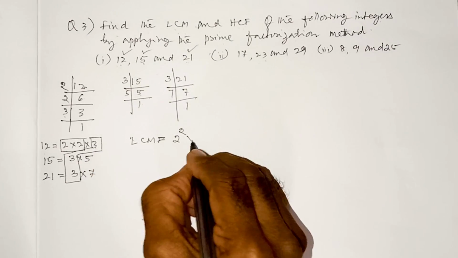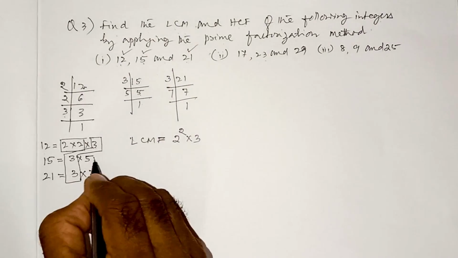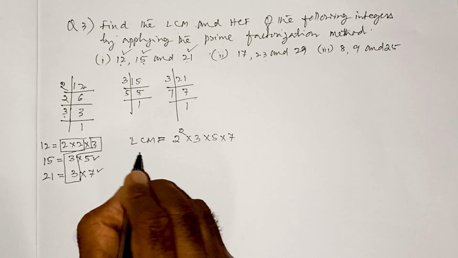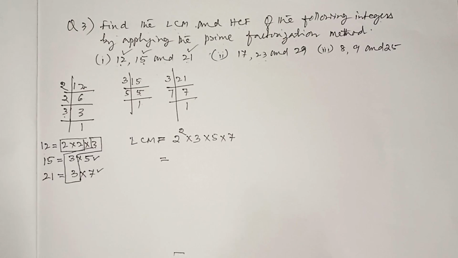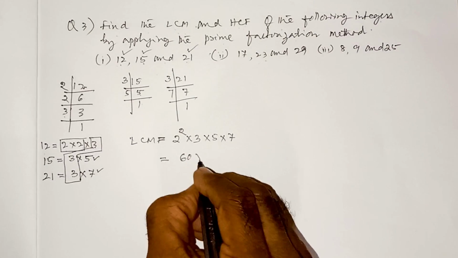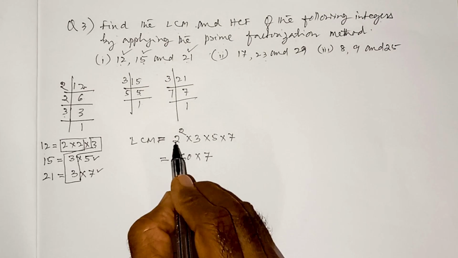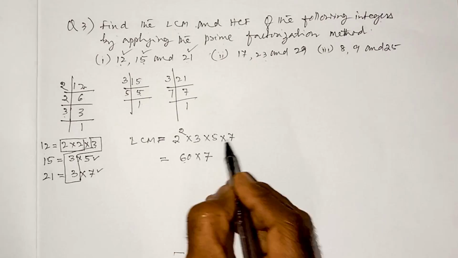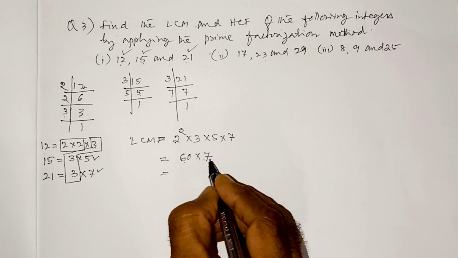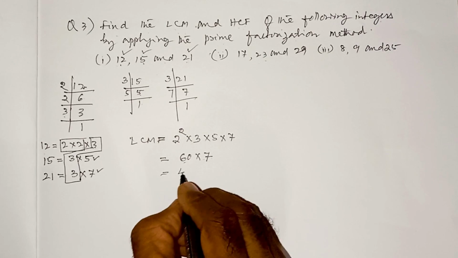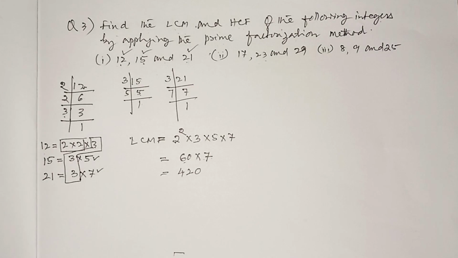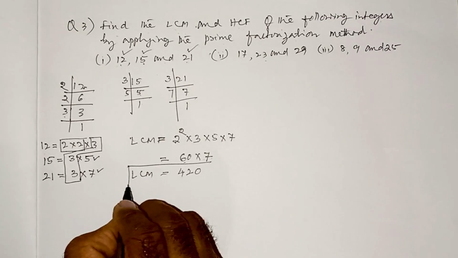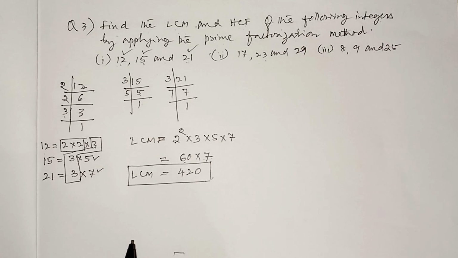You have to take only once, one 3. 5 and 7 as it is you have to repeat. Now if we multiply, let us take 2 to the 4... 4 into 3 is 12, 12 into 5 is 60, 60 into 7, 6 into 7 is 42 and 0. You get LCM of these three numbers, which is equal to 420.